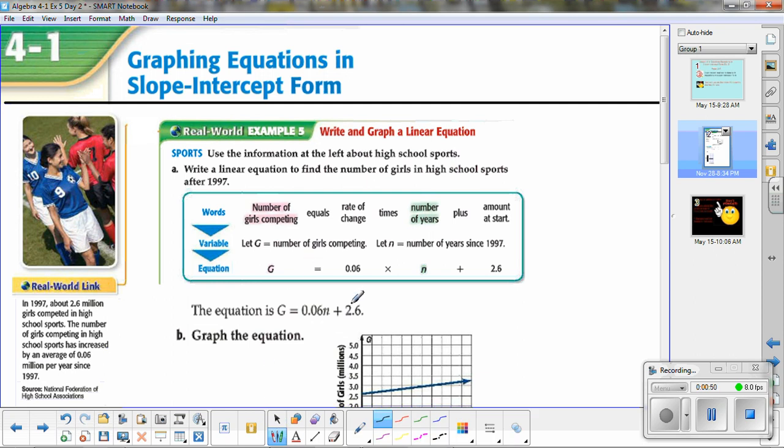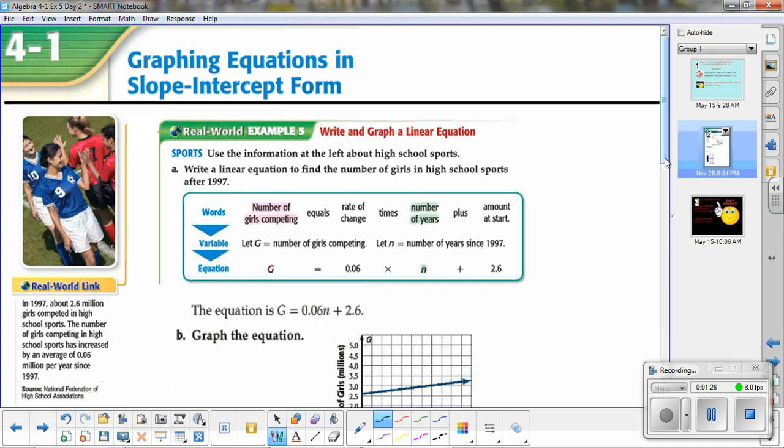Well, since it's increased by 0.06 million per year, it's going to be 0.06 times the number of years since 1997. And then we're going to add to that what it started at. It started at 2.6 million. So the equation is G, or the number of girls competing, is equal to 0.06n plus 2.6.